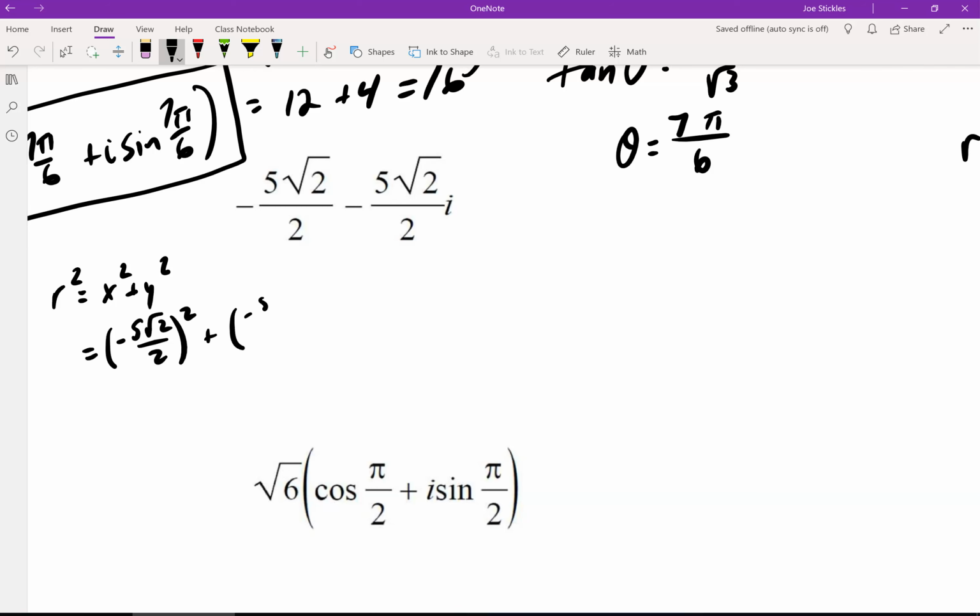And so is the y. Okay, so what do we get? We square the 5, we get 25. We square the root 2, we get 2. So we get a 50 on top and a 4 on bottom. So that gives me 25 over 2 for both of these, which adds up to 25. So that tells me the r has to be 5.